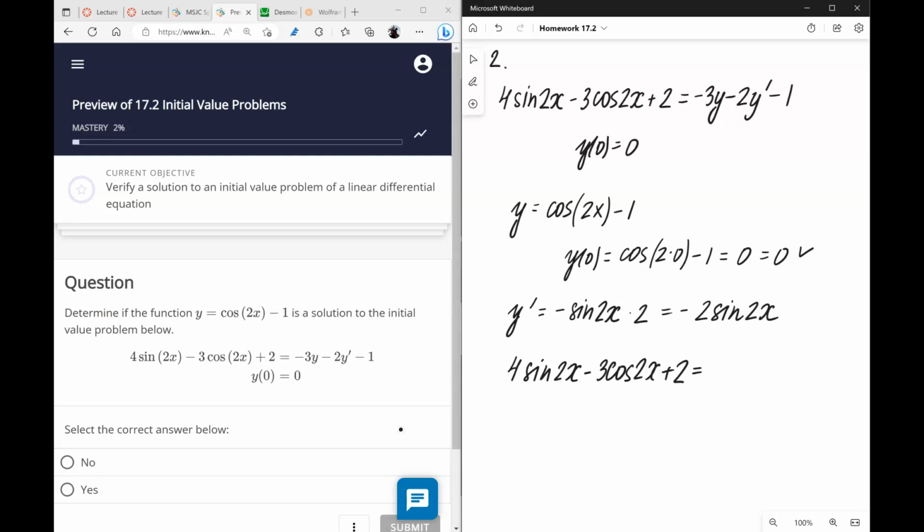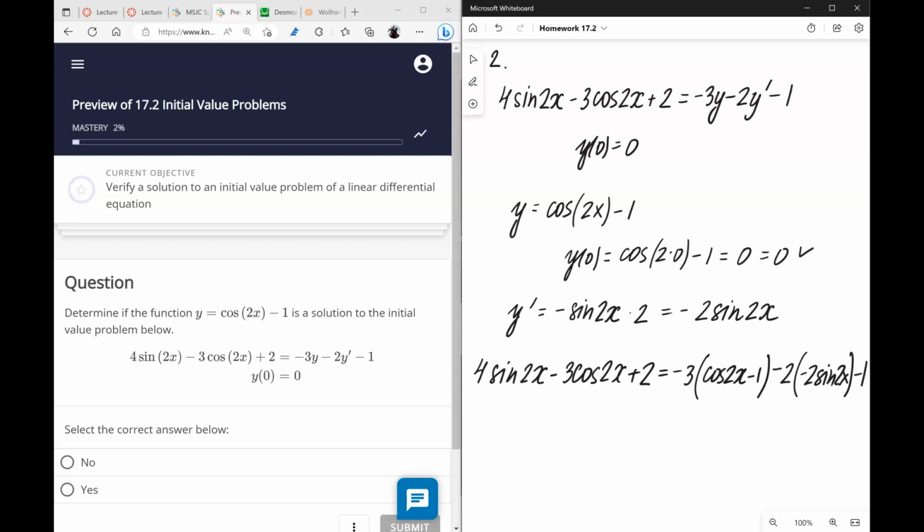And now I'm going to write the right hand side here. I may need more space there. So on the right side we have negative 3y minus 2y prime, and we also have minus 1.